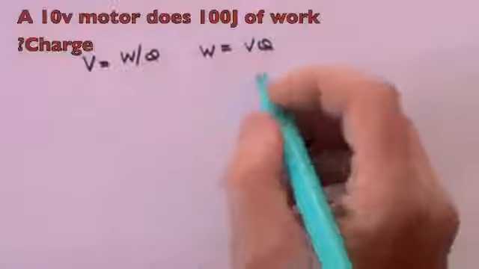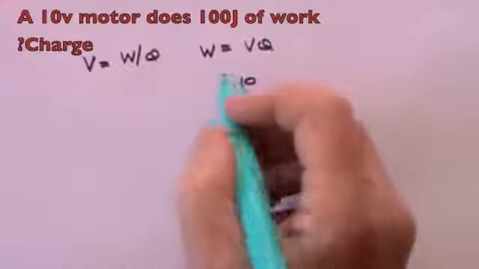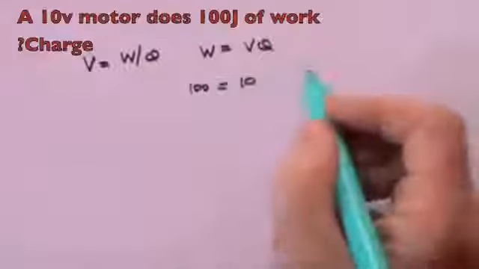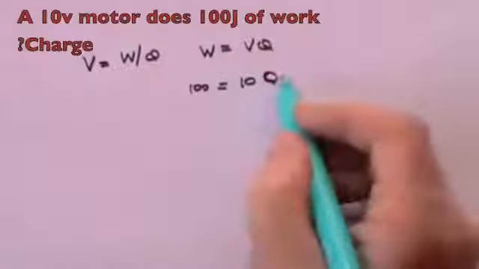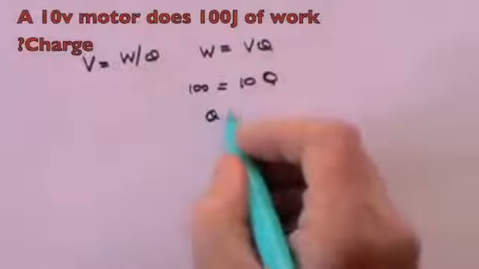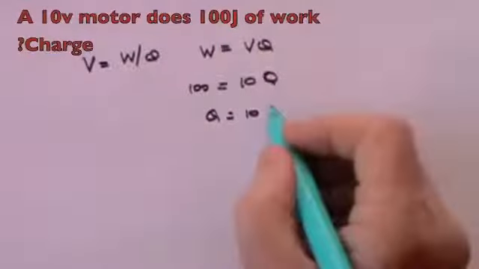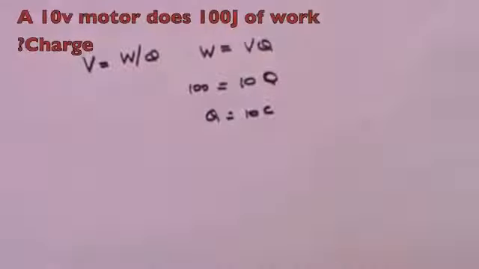The voltage is 10, and we want 100 joules of work, and we want to know what is the charge. Obviously the charge Q is going to be 10. So we need 10 coulombs of charge for a 10 volt motor to be able to do 100 joules worth of work.